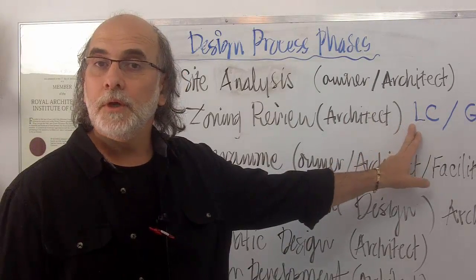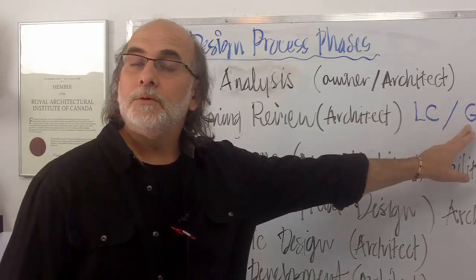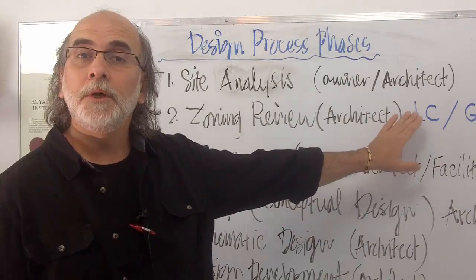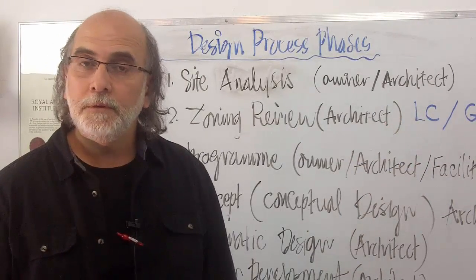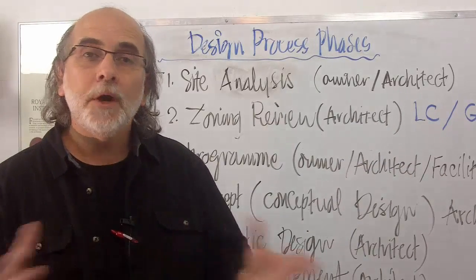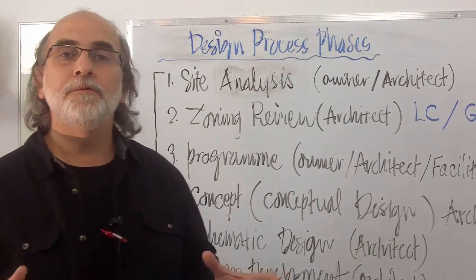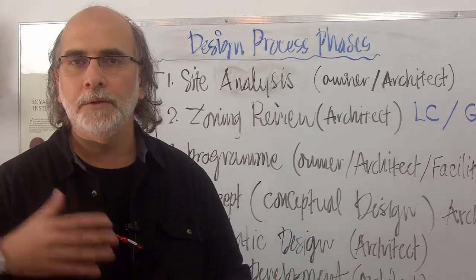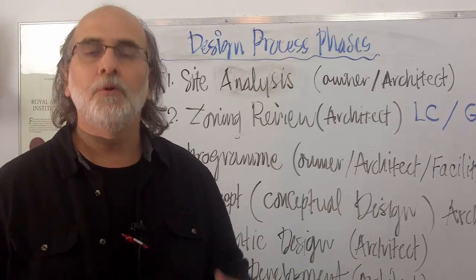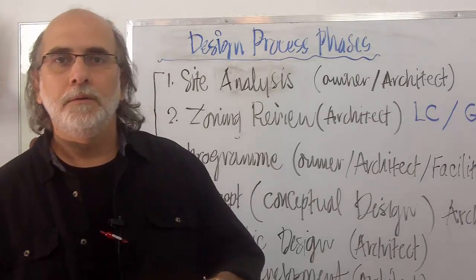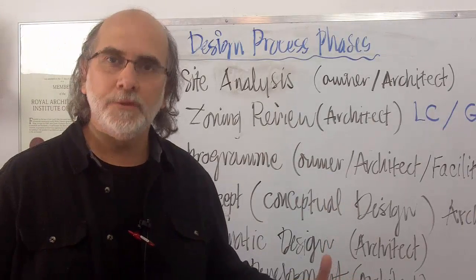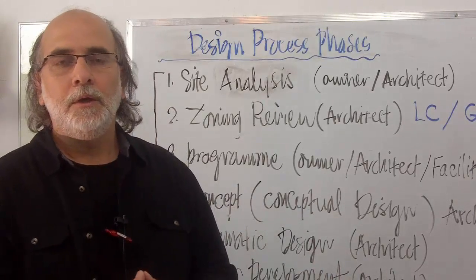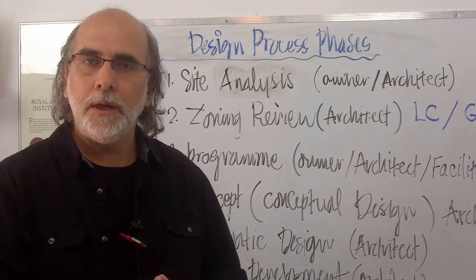The first one is called the lot coverage, and the second one is called the GFA, or the gross floor area. The lot coverage is the maximum footprint that your building can cover in a particular property. So for argument's sake, let's say you have a 1,000 square foot vacant land. If you have 300 square feet already on site, you can just subtract what you have, and the remaining would be what you're allowed to build.